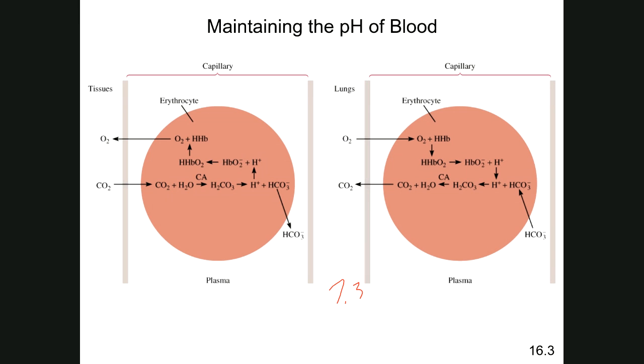It has to be maintained, because if it's lower than this or higher than the upper end, the cells are not going to survive and it will cause death. So the pH of the blood is maintained because blood is a buffer system.